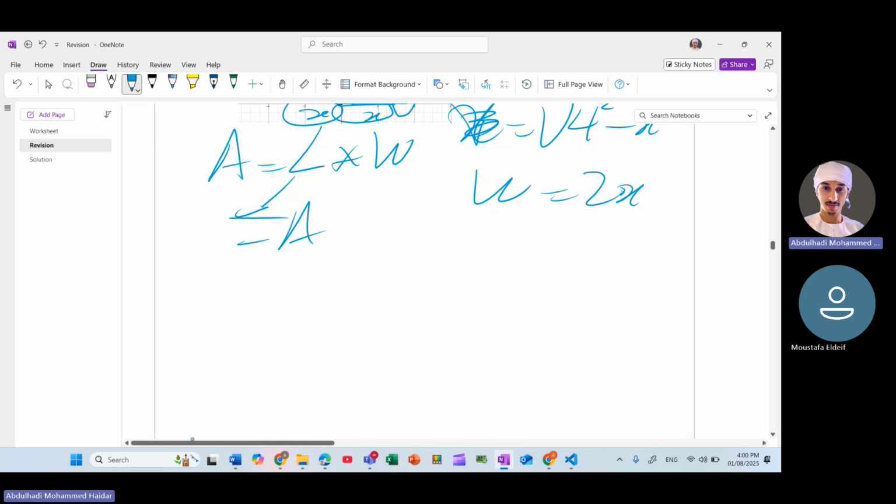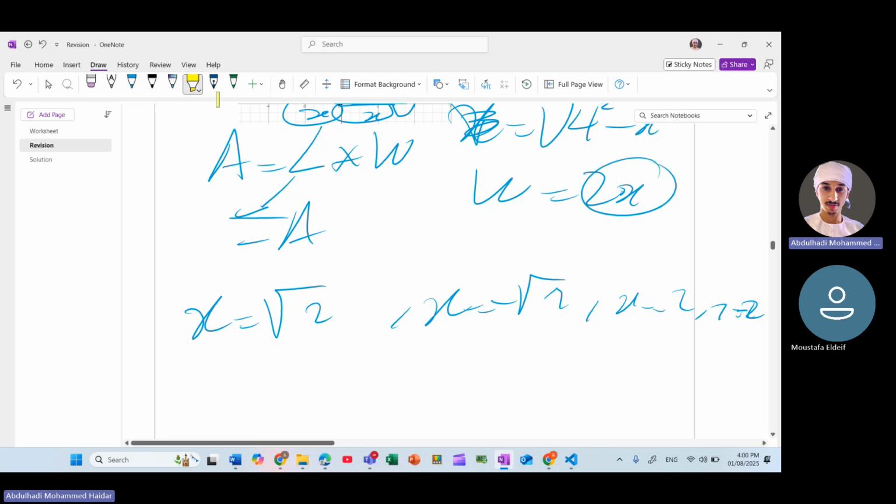So we are going to find at the end maybe 4 values: x equal to square root 2, x equal to minus square root 2, and then x equal to 2 and x equal to minus 2. We know that we cannot have these negative values, because the width is 2x. If you substitute minus 2 here, it will make the width negative.